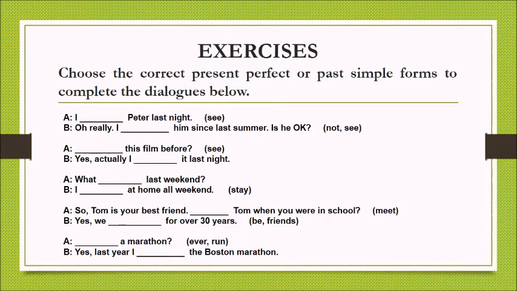In the first one, you have to use in the question the present perfect. And in the answer, in letter B, you have to use the simple past. Have you ever run? Exactly, Carlos. Have you ever run what? A marathon. Exactly.